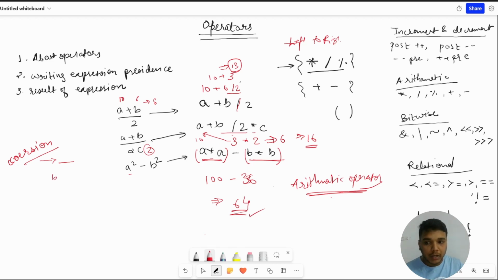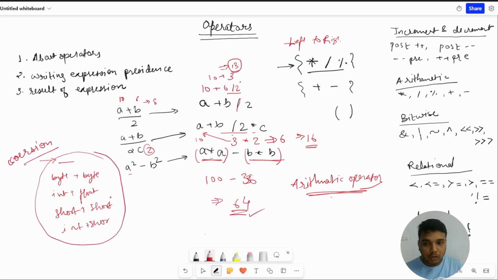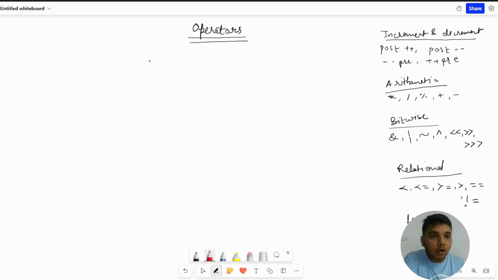If we add byte plus byte, or int plus float, short plus short, or int plus short, the whole output of this will be integer. So internally Java changes the data types and then solves the equations. This conversion is called coercion.